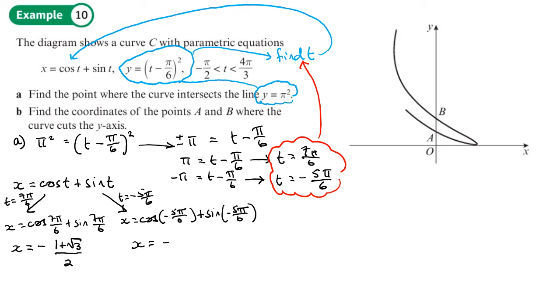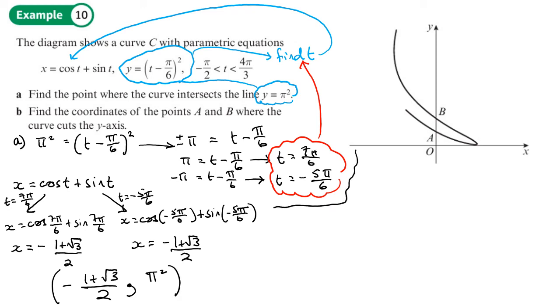So (−1 + √3)/2. So there is only one point of intersection, and that's going to be this coordinate, (−1 + √3)/2, or its decimal equivalent, comma, π squared.